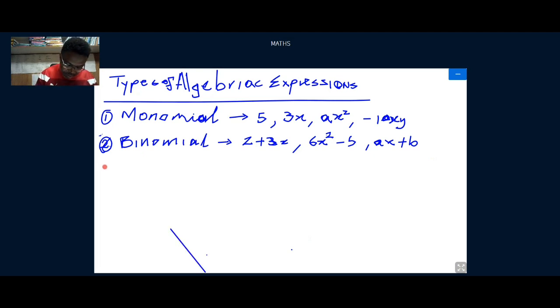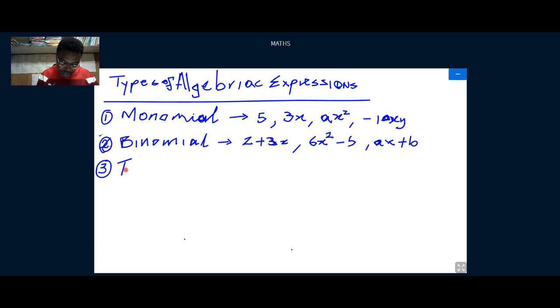Number 3, we have a trinomial. Again, this has nothing to do with an exponent to the third degree. People normally have that confusion. A trinomial.